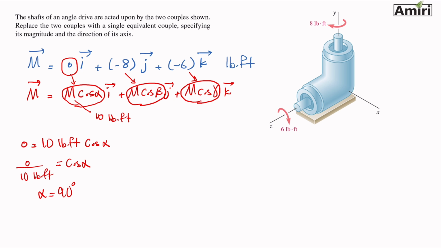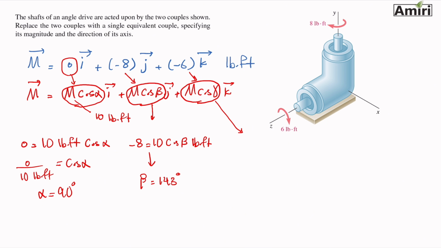This vector is only on the j, k, y, z axes, so it doesn't have any component along the x-axis. That means it has a direction of 90 degrees. So I'm going to go a little bit faster with these ones. Your beta ends up being 143 degrees.